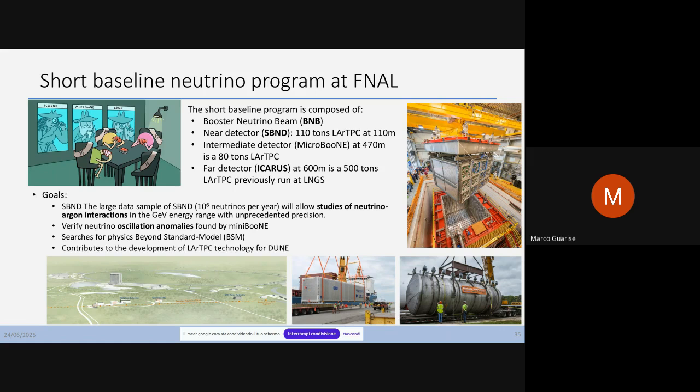Since SBND is installed very close to the source, they will handle a large quantity of neutrinos per year, so they will study neutrino-argon interactions very well, and they will also verify some oscillation anomalies that were found by MiniBooNE previously, but it seems it was a problem of that kind of detector.